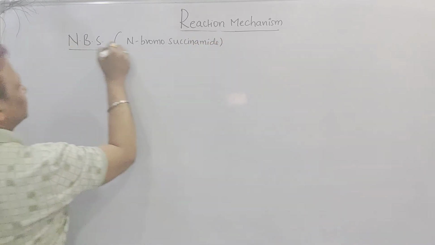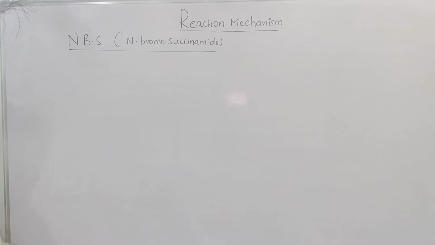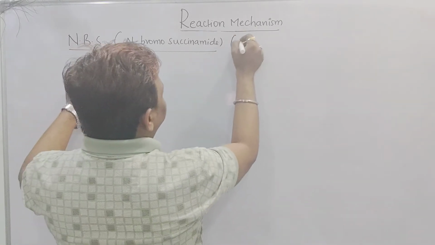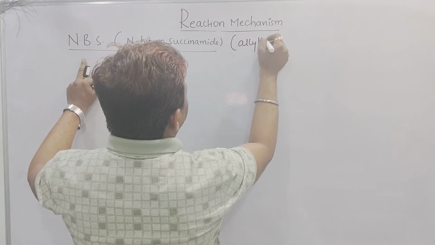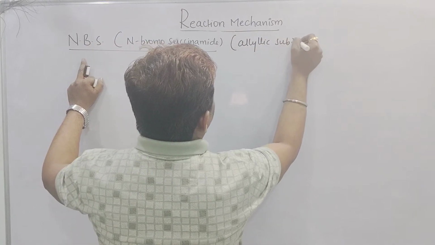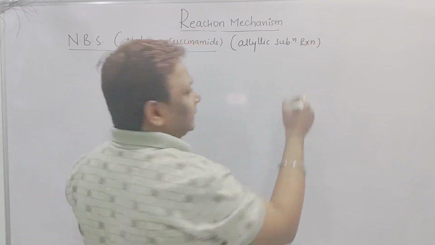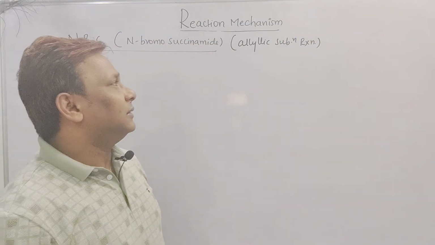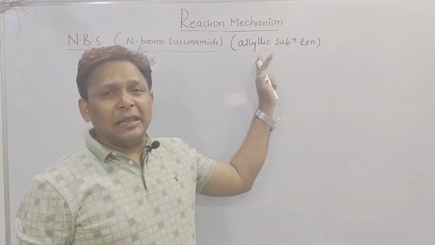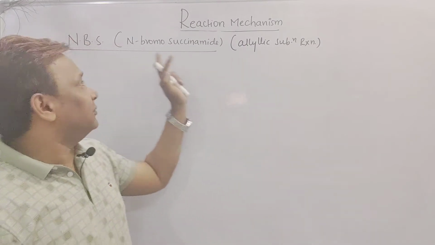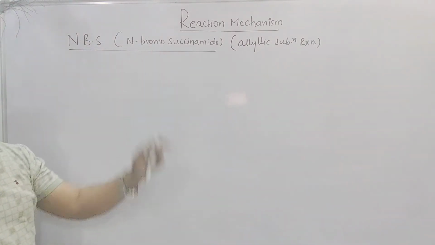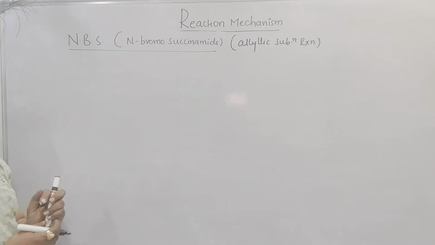That is NBS. Sir, wherever NBS is there, it also shows allylic substitution reaction. But what is the allylic substitution reaction? That at the allylic position the halogen is going to attack. That means bromine is going to attack. Bromine is there now, so bromine is going to attack at the allylic position.